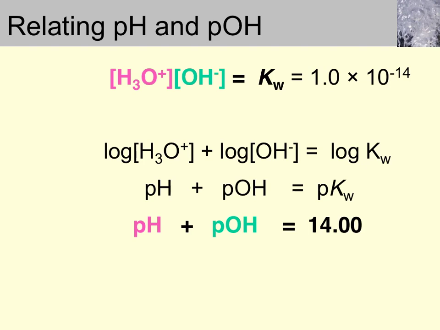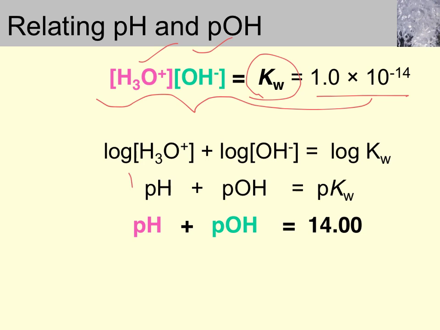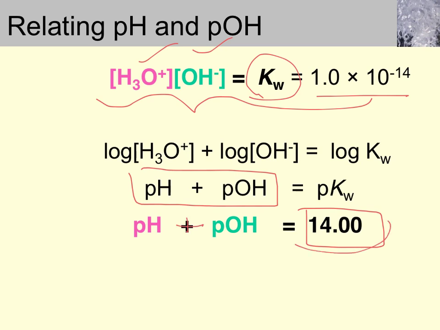And it's cool, you already know the relationship between the concentration of hydronium and hydroxide ion. That is Kw. It's always 1 times 10 to the minus 14th, as long as you're at 25 degrees Celsius. But now look what happens. That means that the relationship between pH and pOH is always 14. So they add together to give you 14.